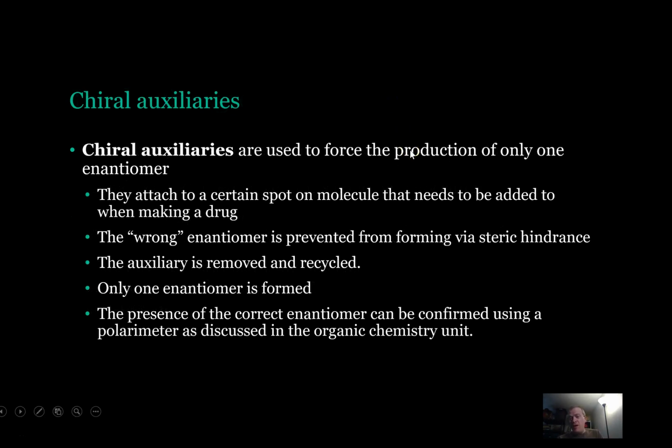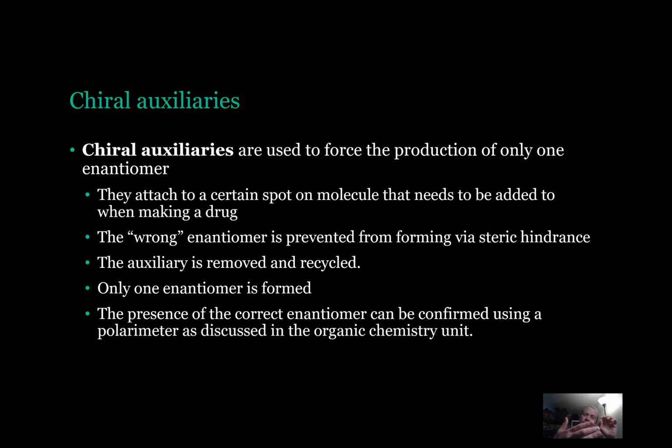They do this via something called chiral auxiliaries, and what they do is force the production of only one enantiomer. They attach to a certain spot where they're going to add a piece, and there are 2 possibilities. Either the thing is going to attach from this side, or it's going to attach from the other side. We want it to attach from this side, if you can see my hand gestures down there.